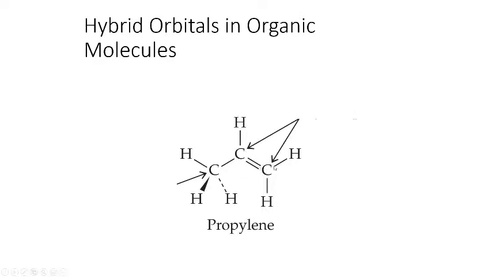And this third carbon here on the far right, again, has 1, 2, 3 areas of electron clouds, which means it's a trigonal planar parent geometry, which again means we are sp2 hybridized.